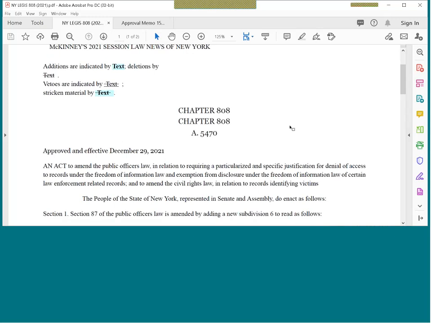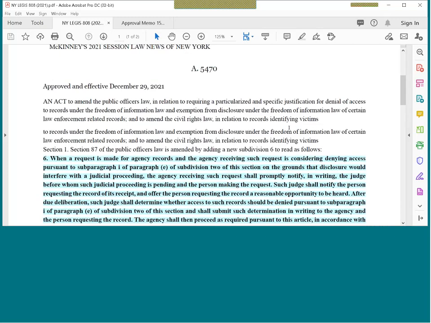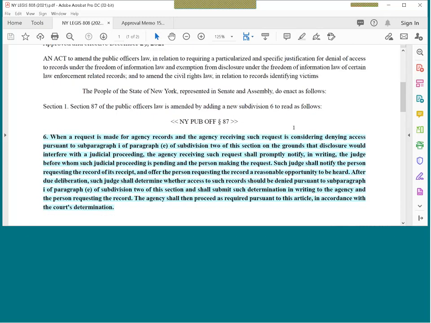So this paragraph that I have pulled up right now that you see in blue talks about what the legislature intended agencies to have to do when they wanted to deny access to a record based on the ground that disclosure would interfere with a judicial proceeding.